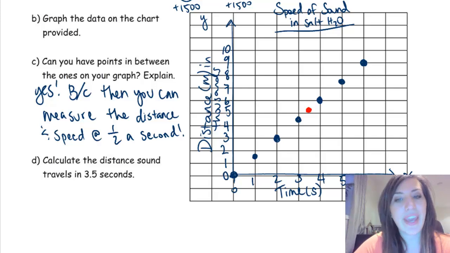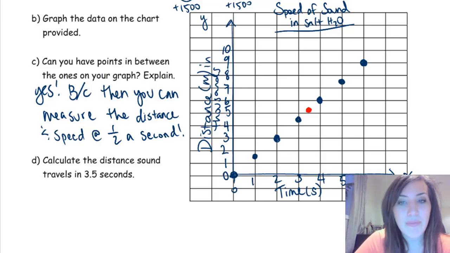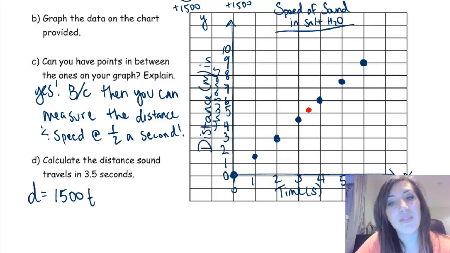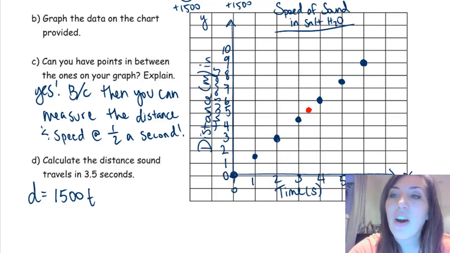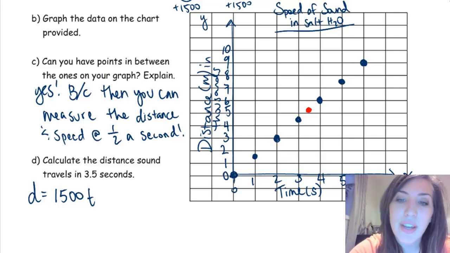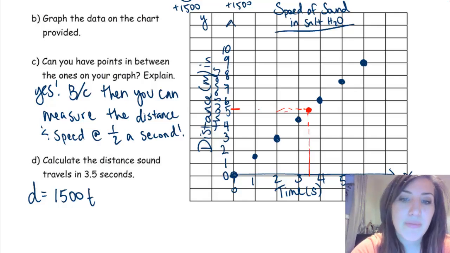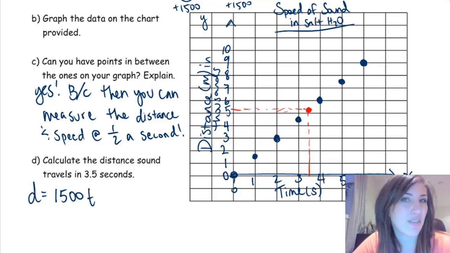Now, since we know that we can calculate it at 3.5 seconds, let's calculate what that distance is. Well, if we know that our formula is d equals 1500 t, we can just use the formula. We could also look at where my dot is. It is somewhere around here, between over 5,000 but under 6,000.